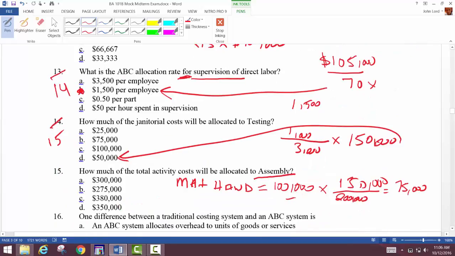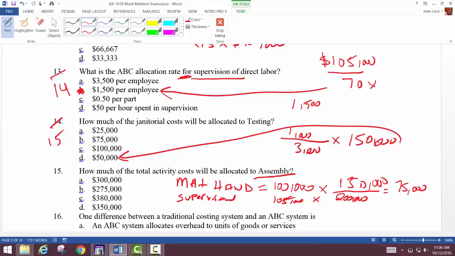For the supervision, I saw up there that the total cost for supervision is 105,000.